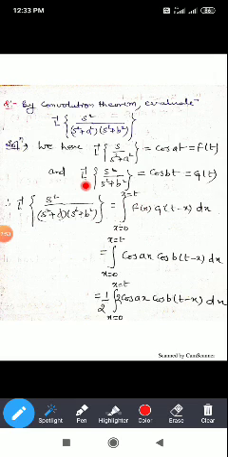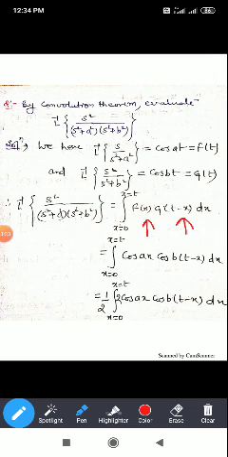So the given problem can be written using the convolution theorem as the integral from x equals 0 to x equals t of f(x) g(t minus x) dx. Here f(x) and g(t minus x) can be written as cos ax and cos b(t minus x).